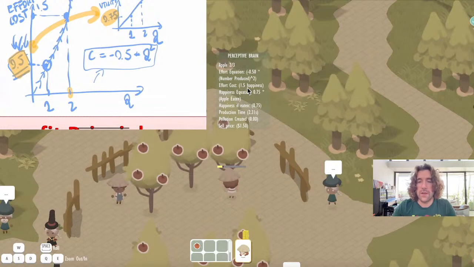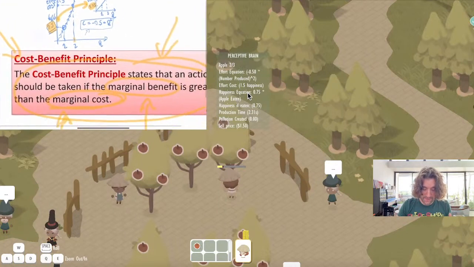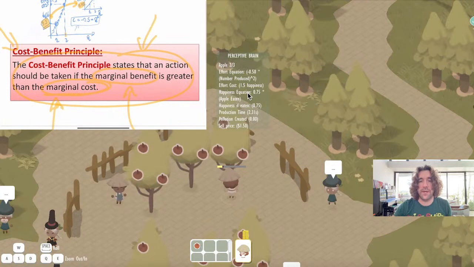If you want to decide whether you should collect the second apple, you should again use the cost-benefit principle and compare the marginal cost, which in this case is 1.5 happiness, with the marginal benefit, which is 0.75. If the marginal benefit is greater, you should go for the action, otherwise you shouldn't. I'm going to let you decide what is the best strategy in this case. Should I pick up the second apple or not? I'm going to leave the answer to you.